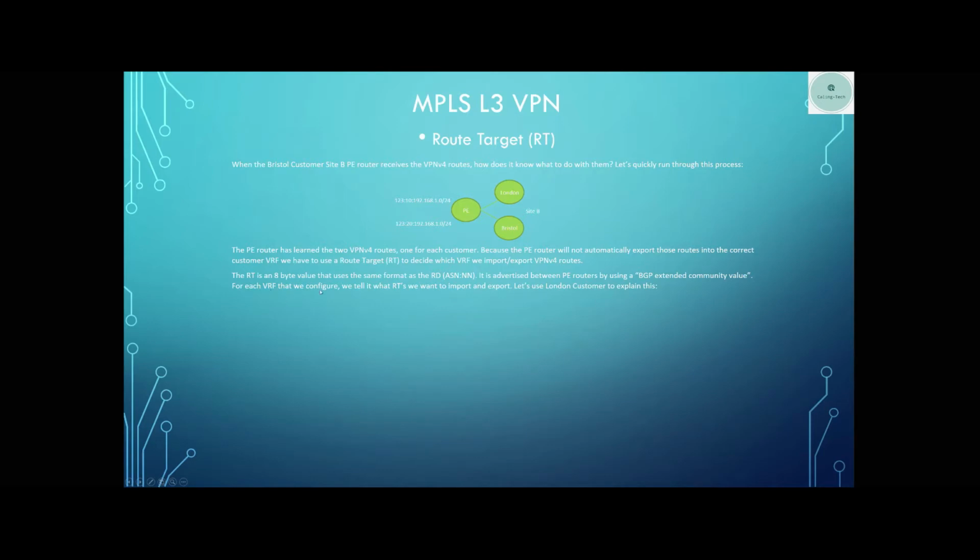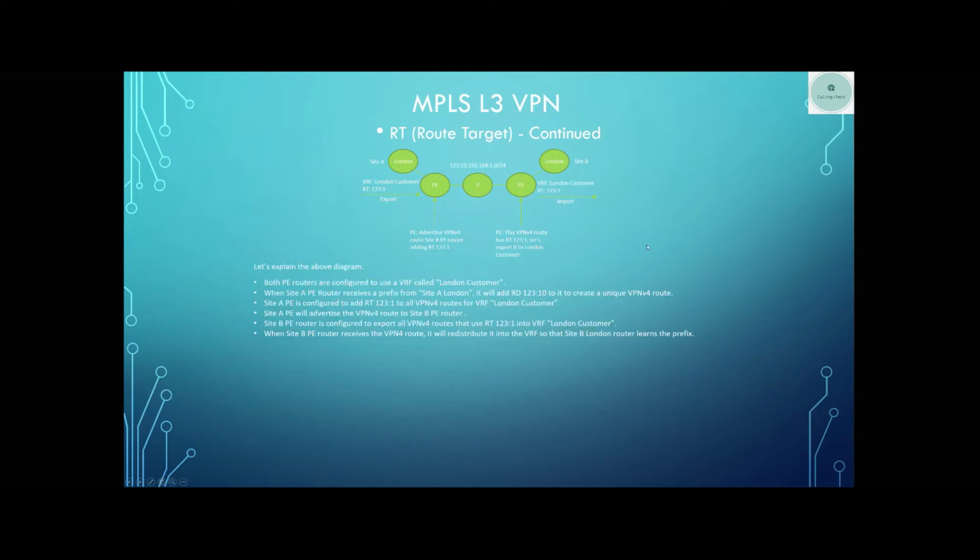So for each VRF that we configure, we tell it what route targets we want to import and export. Let's use the London customer to explain this. Okay, so we're just using one side at the moment. We'll also include this diagram on the next slide so that we can go through it properly, but it's pretty self-explanatory what happens here.